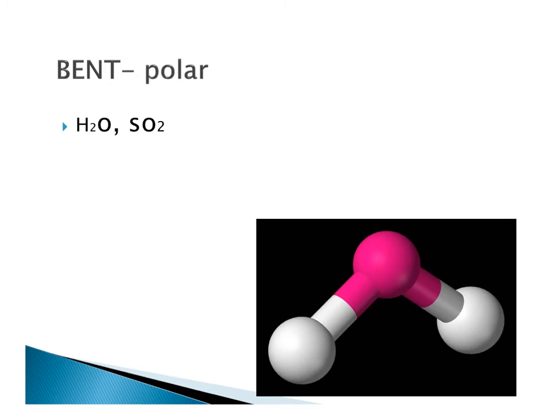The next type of shape that we are looking at is called bent. In bent, we're going to take a look at water, which is a very common type of molecule. In water, we have oxygen being surrounded by hydrogen, and oxygen has two additional pairs of electrons that surround it.